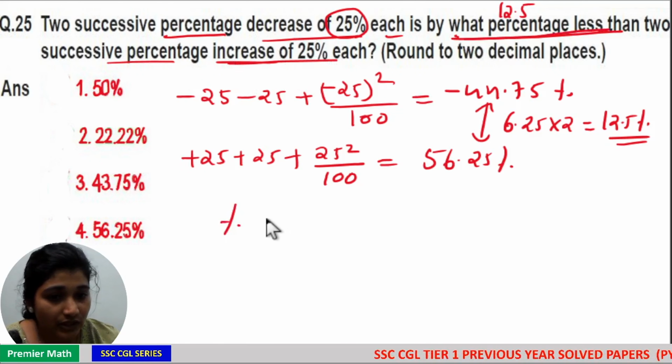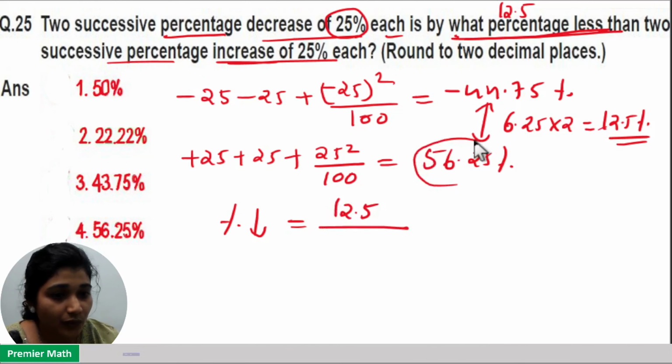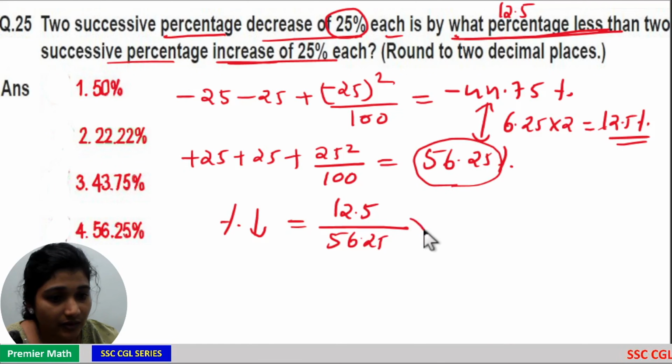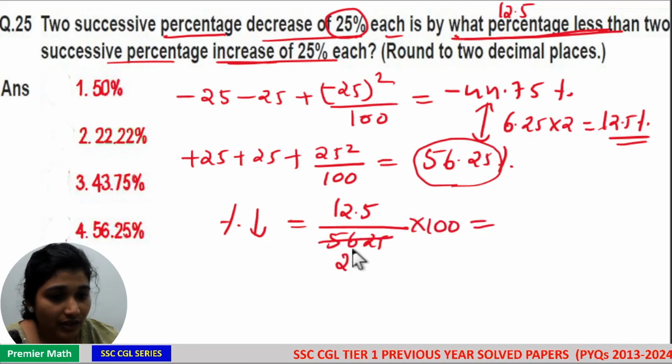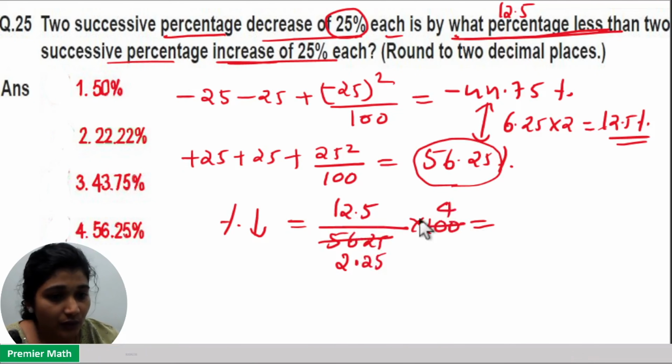So the required percentage, that is percentage decrement, is 12.5 percent out of 56.25 percent into 100. Now 25 goes 2 times in 50 and 25 goes 25 times in 625 and 25 goes 4 times in 100. Now 12 into 4 is 48, 0.5 into 4 is 2.